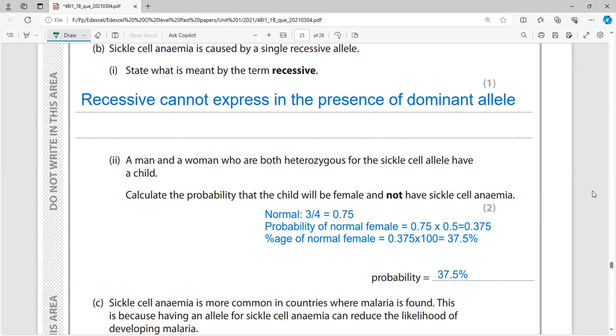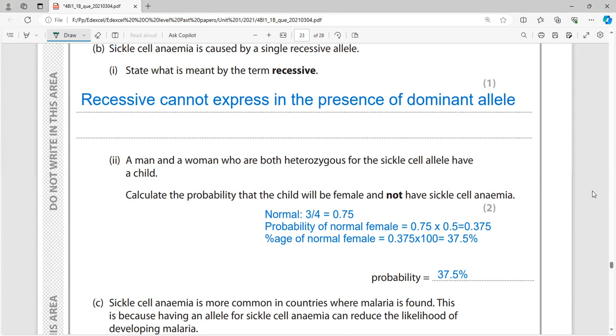If both parents are heterozygous, the result in the next generation will be 1:2:1 genotypic, while the phenotypic result will be 3:1. That means 1 out of 4 will be suffering. But here the examiner is asking about the probability that will be normal. This is 3 out of 4, so our result will become 0.75 or 75%.